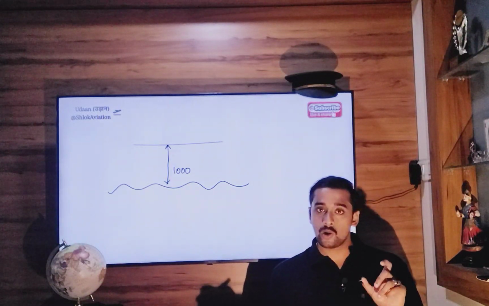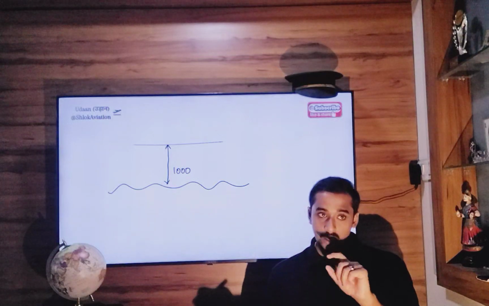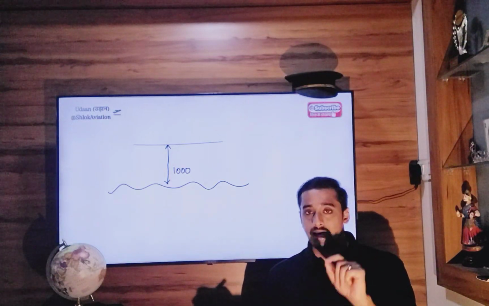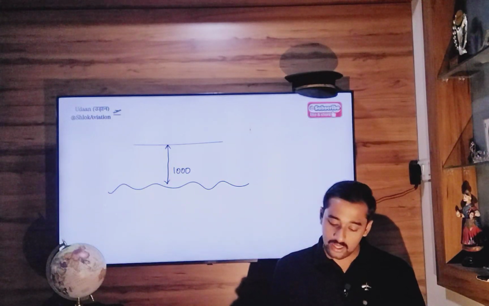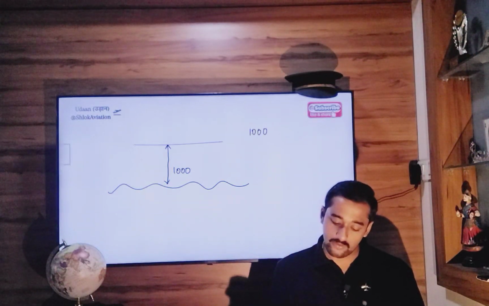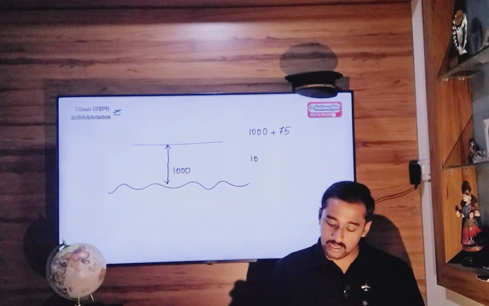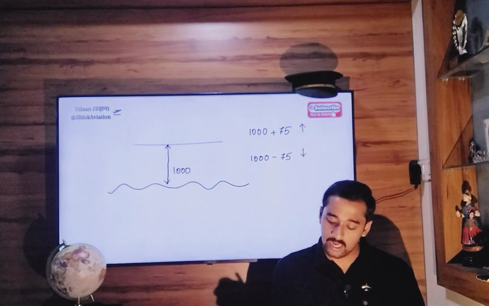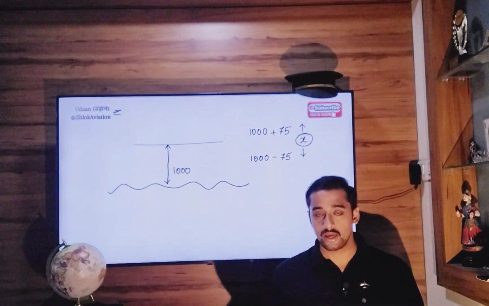Now, when you set your altimeter to the altimeter setting reported by ATC, you will check the altitude indication. If the indication given by the altimeter is within 1000 plus 75 and 1000 minus 75, any value within these two limits, your altimeter is safe to fly with.